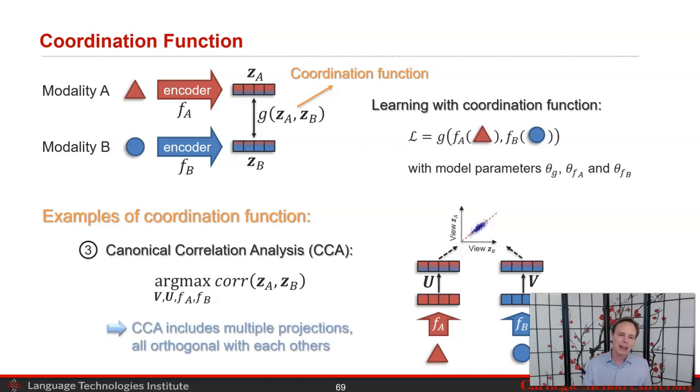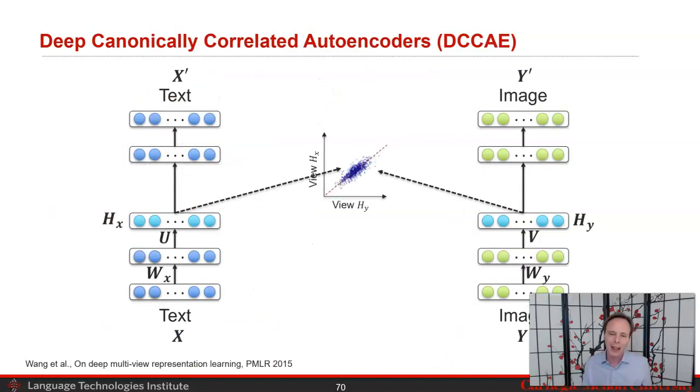I want to give you an example a little bit beyond that, because this is canonical correlation analysis as used in a typical approach. How many loss terms do you have in this? You have one loss term for generation, your autoencoder for X and your autoencoder for Y, and then you have also at the same time your loss term for your coordination.